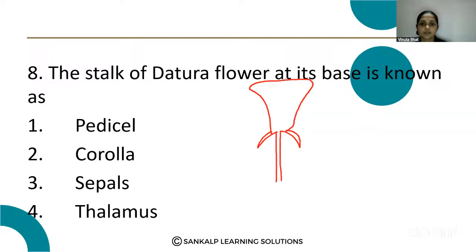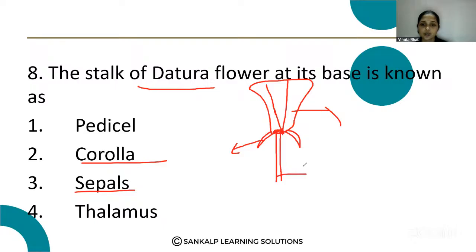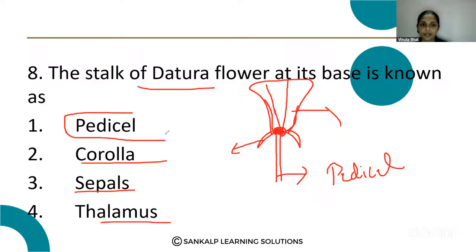Corolla is the colorful part and sepal is the greenish part. So this stalk is called the pedicel. What is thalamus? This is the bulged portion from where all the petals and sepals arise. So the correct answer is the pedicel.